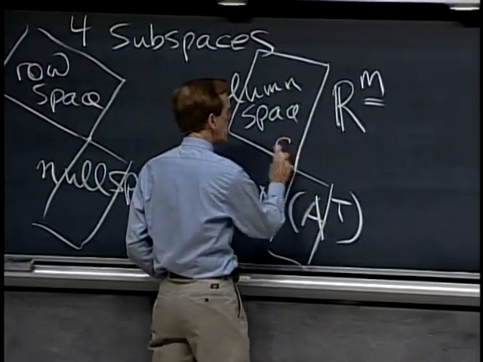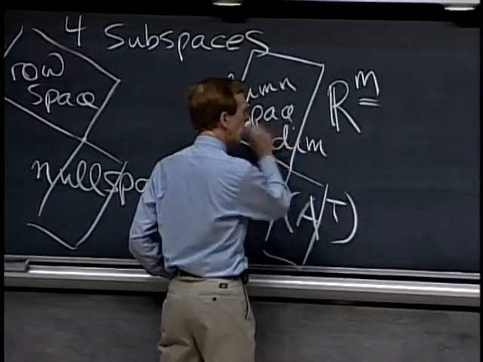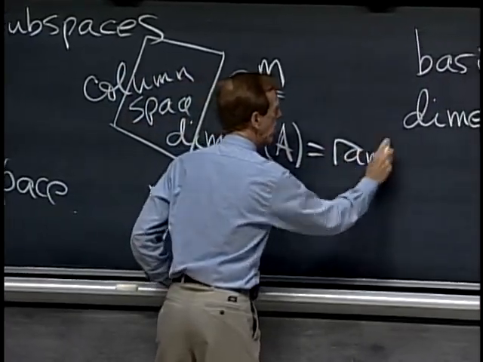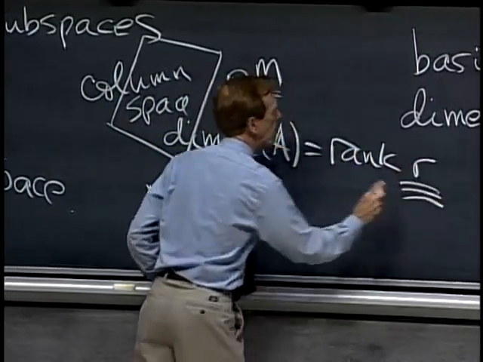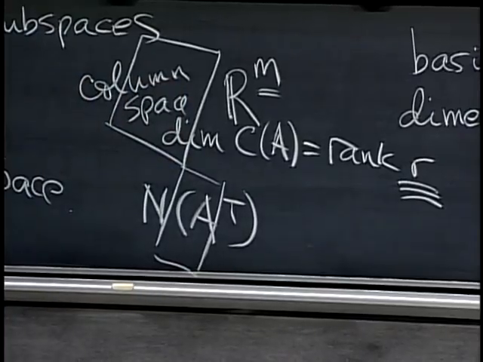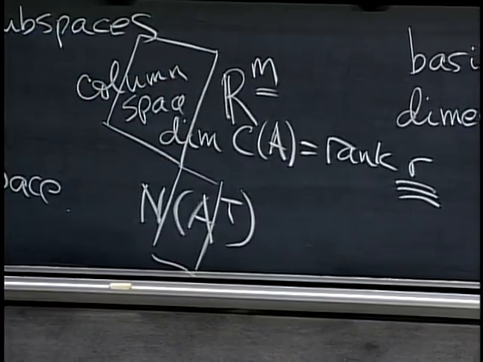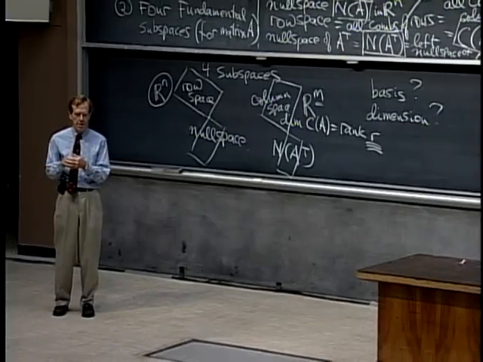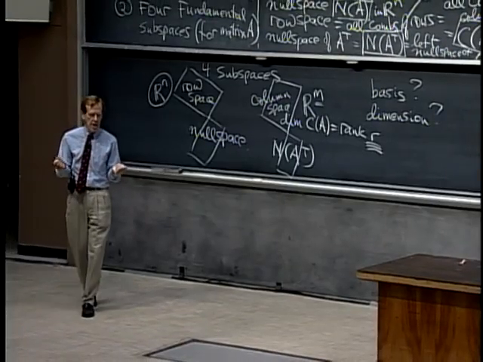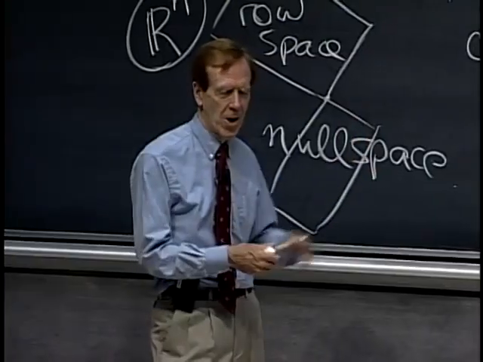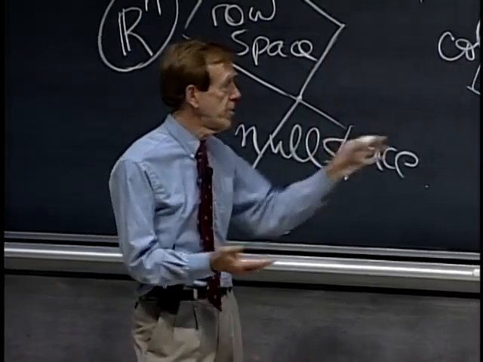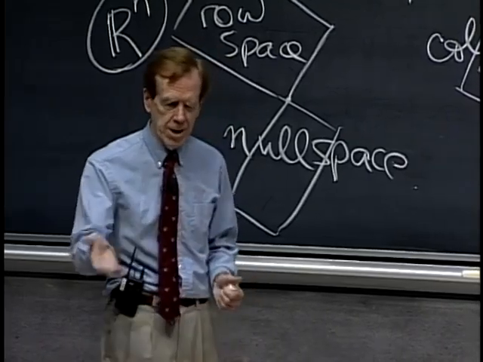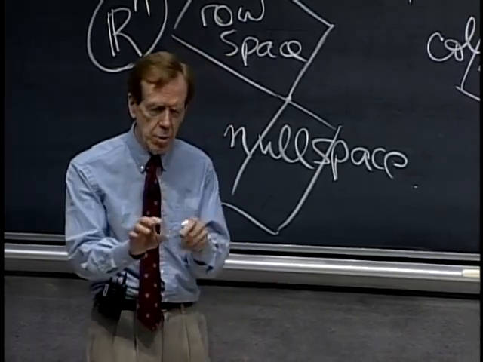The dimension of the column space is the rank, R. We actually got to that at the end of the last lecture, but only for an example. So I really have to say, okay, what's going on there? I should produce a basis, and then I just look to see how many vectors I needed in that basis, and the answer will be R.